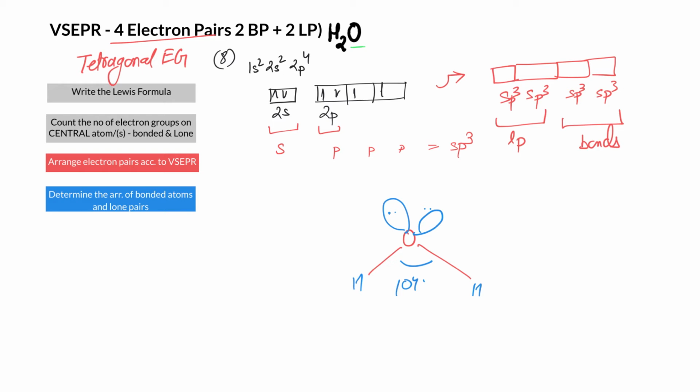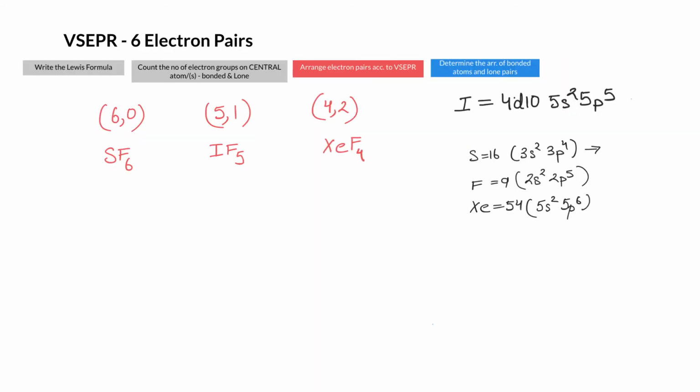So how does an sp3 orbital look like? So sp3 orbitals occupy the corners of a tetrahedron, right. Now let us try to figure out the last problem, that is XeF4.